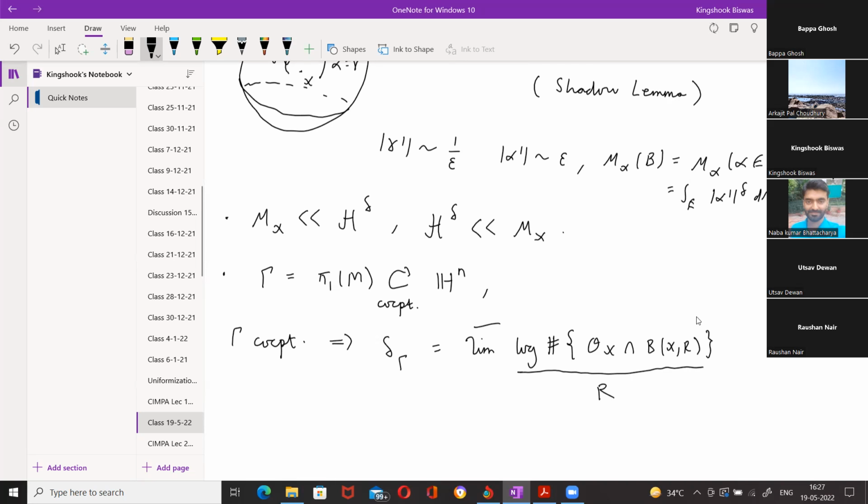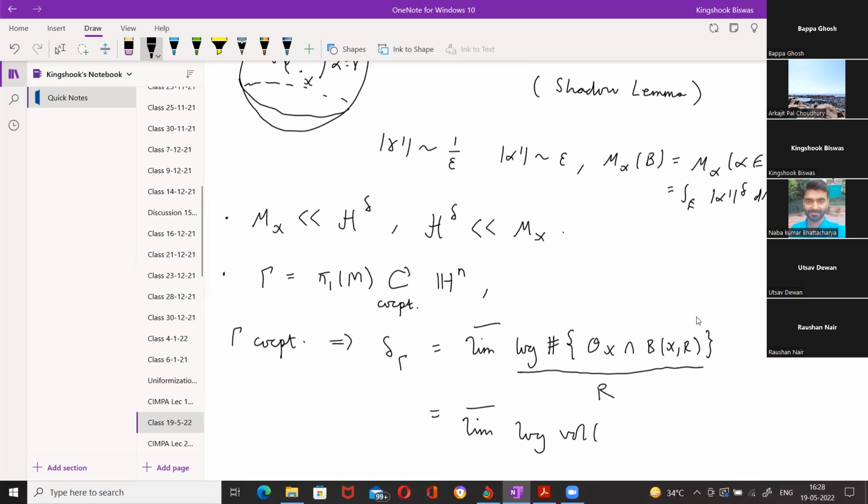So this will be proportional to the volume of the ball. So up to a constant, it will be bounded above and below by constants times the volume of the ball. So when I take log and divide by R, this will be the same as just the logarithmic volume growth of the hyperbolic space.